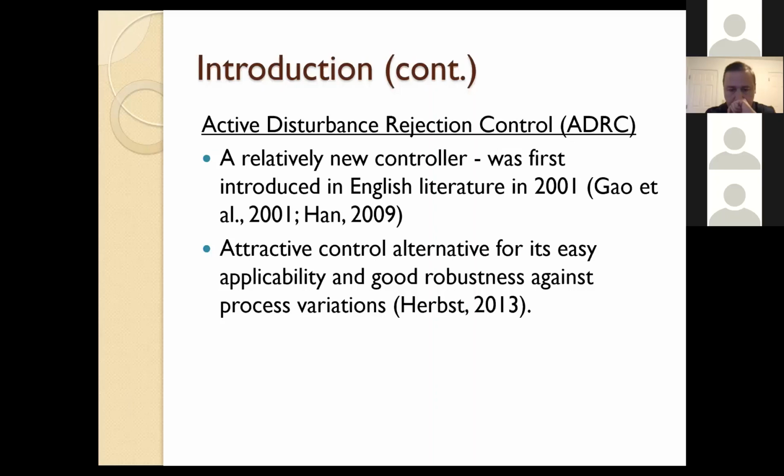Yes, we can complicate the control system, but at the end of the day, the actual implementation of the control system might be problematic for industry. So this is why industry will mainly look into one of the easy controllers.